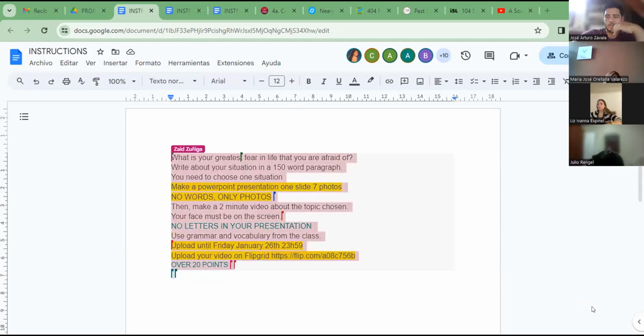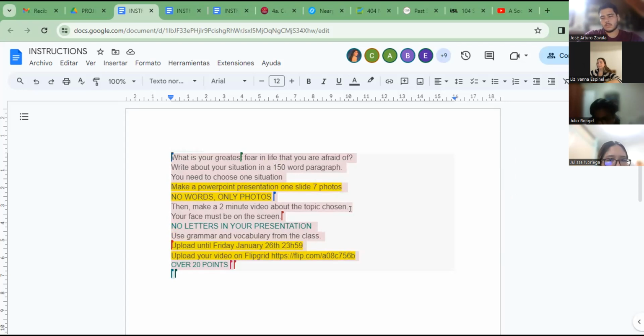How many words? You have to read the instructions. You have the instruction: 150 words. Any other question? Okay, I will come back in 5 or 10 minutes.